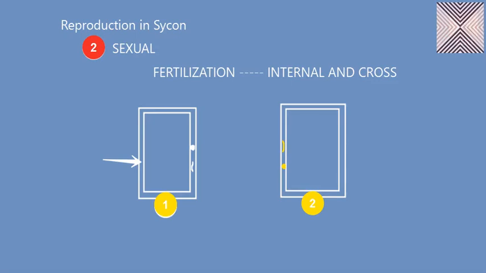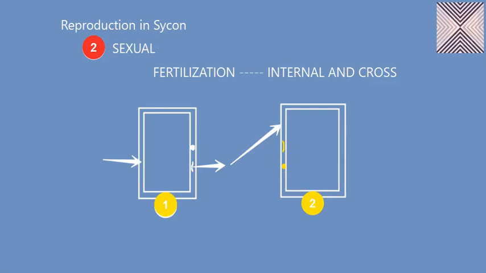Now what will happen is that the sperm from Sycon 1 will come out into the water, and this sperm will enter into the ostia of Sycon number 2. So it will go into Sycon number 2. As we have discussed, the food goes from the ostia to the incurrent canal, then to the radial canals, and then to the spongiocele.